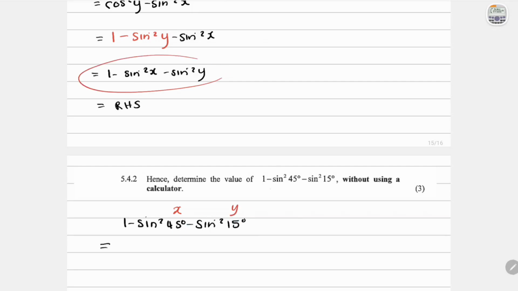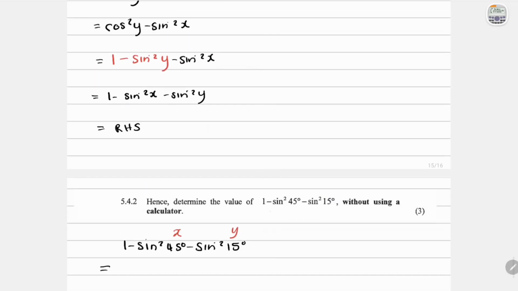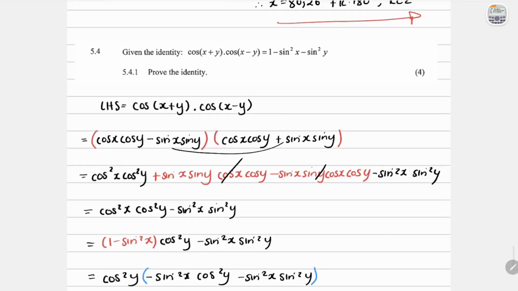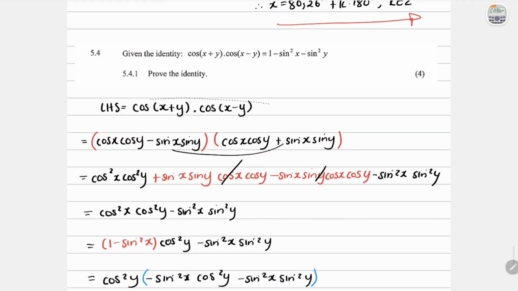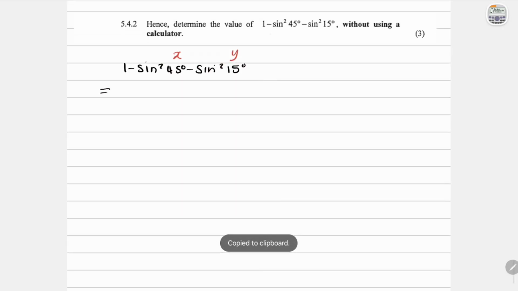So if this was equal to the right hand side, you can make it equal to the left hand side, because without using a calculator, you can't really just substitute. It's not going to work. So let's use the left hand side. The left hand side looked like this. We're just going to substitute in place of x and y, and we'll be able to find this.